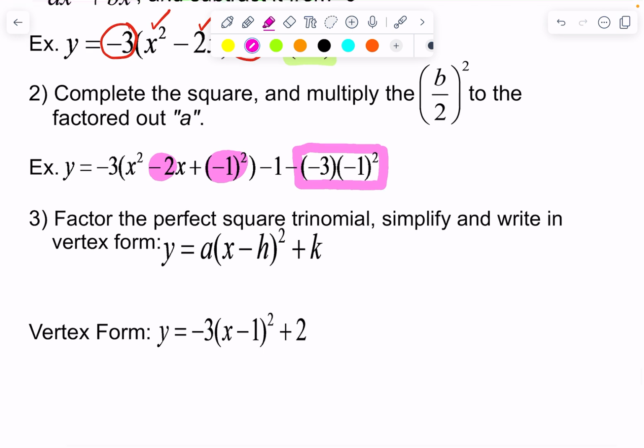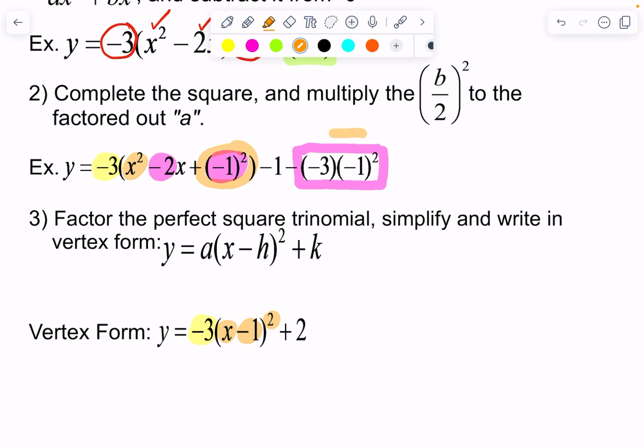So now, how do I write this in vertex form? Well, I have my a, which is -3, times the perfect square, which I just created. The square root of x squared is x. The square root of -1 squared is -1, and I'm squaring it because I completed the square.